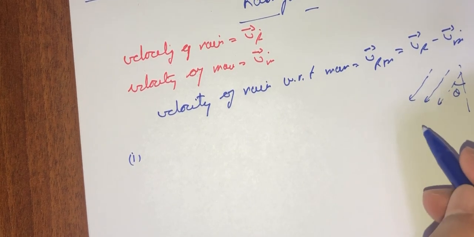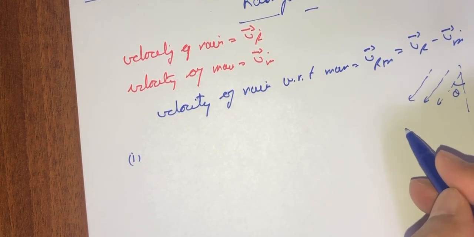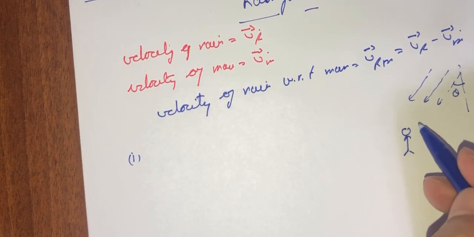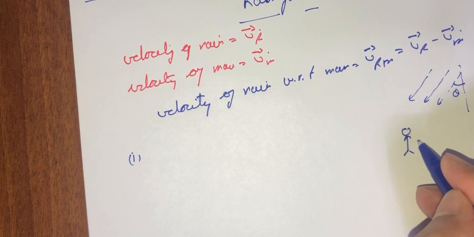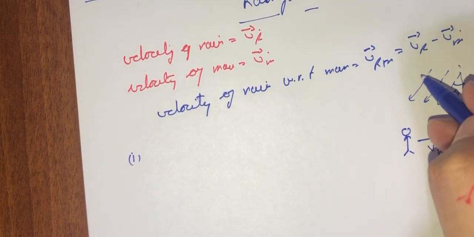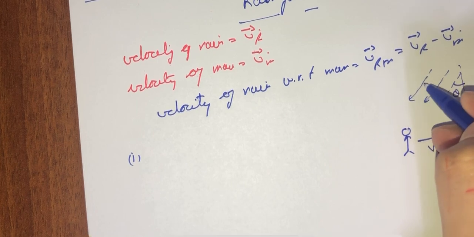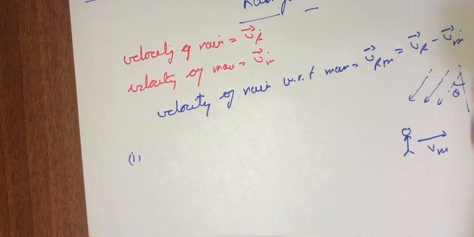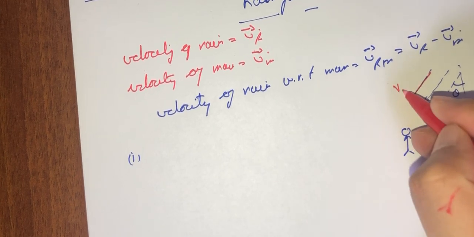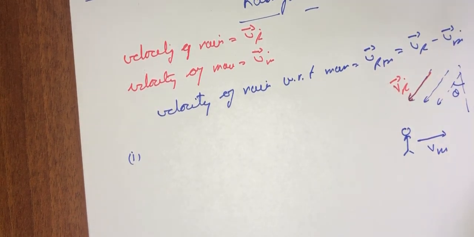So in this case, let us say that this is the man, and it is moving in this direction with the velocity Vm, and rain is falling in this direction with the velocity Vr, making an angle of theta with the vertical.